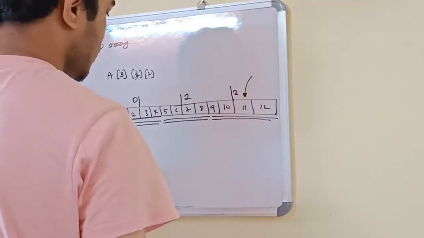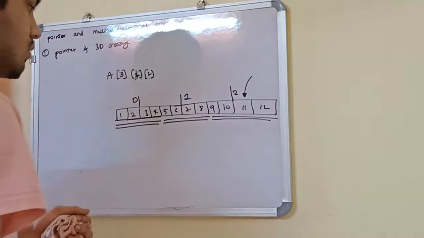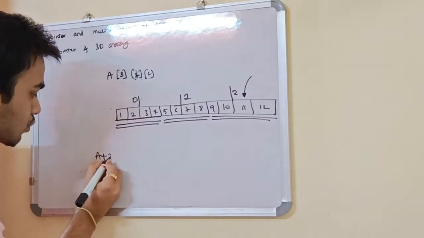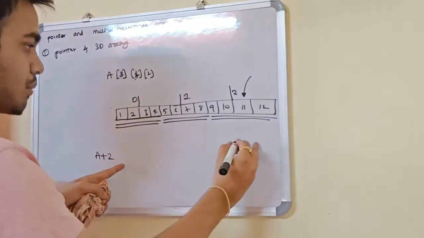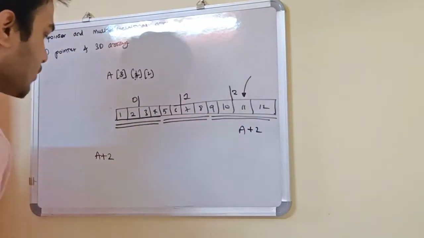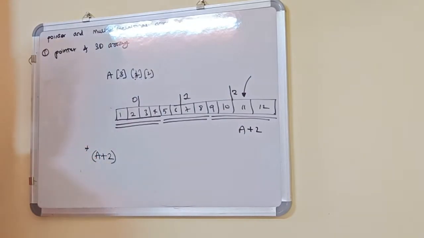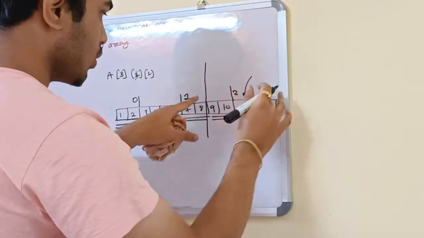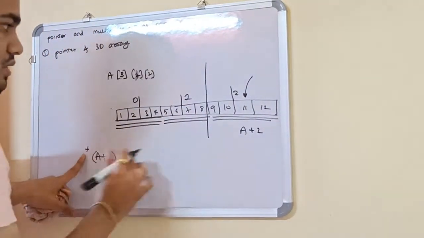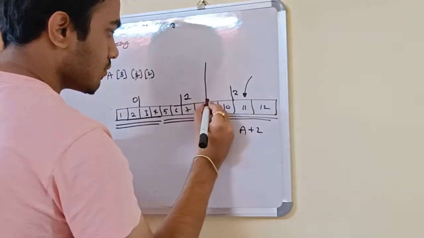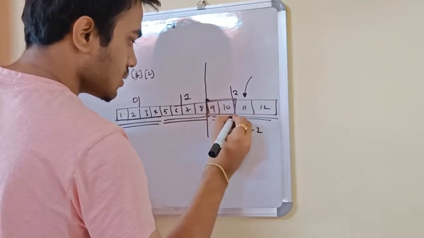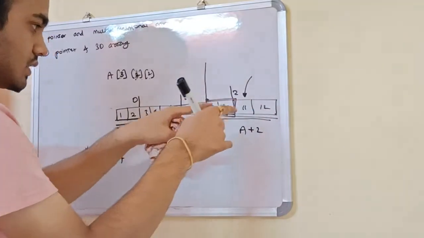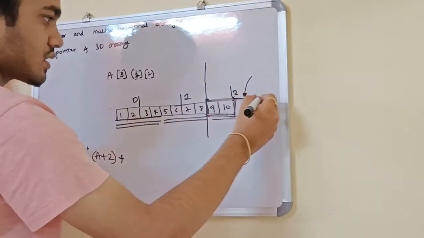But if I want to use pointer arithmetic, or the dereferencing technique, then we first go to A plus 2, that is, we have gone to this location. A plus 2 is this block, then we dereference it, so we are now considering only this block. In this block, star of A plus 2 means I am pointing at this row, but I want to go to the next row.